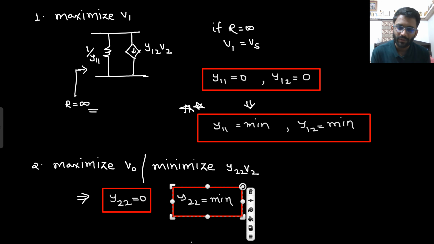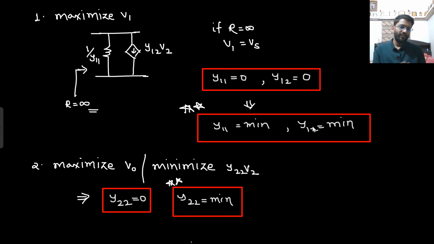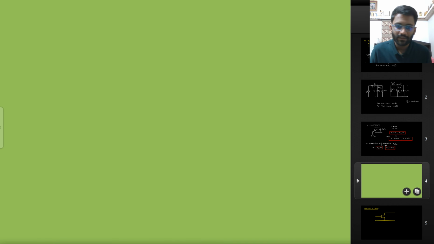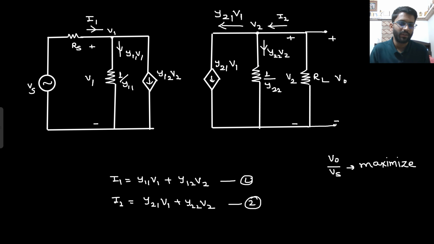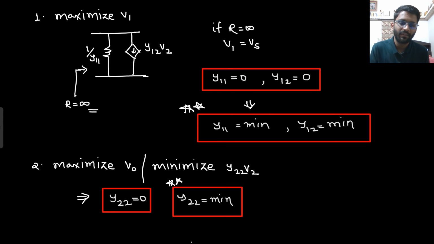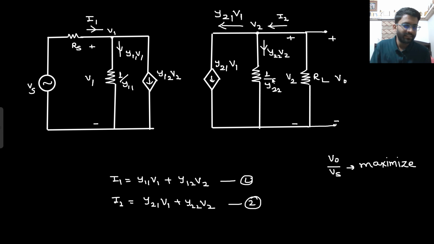So we got to know about Y11, Y12, Y22. Now the only thing left is Y21. So now what is your V naught? Your V naught is simply this Y21 current.